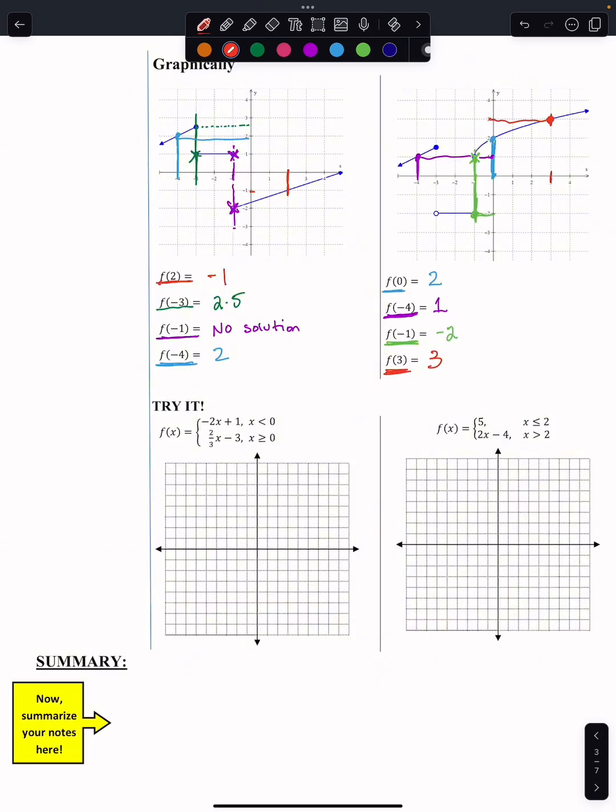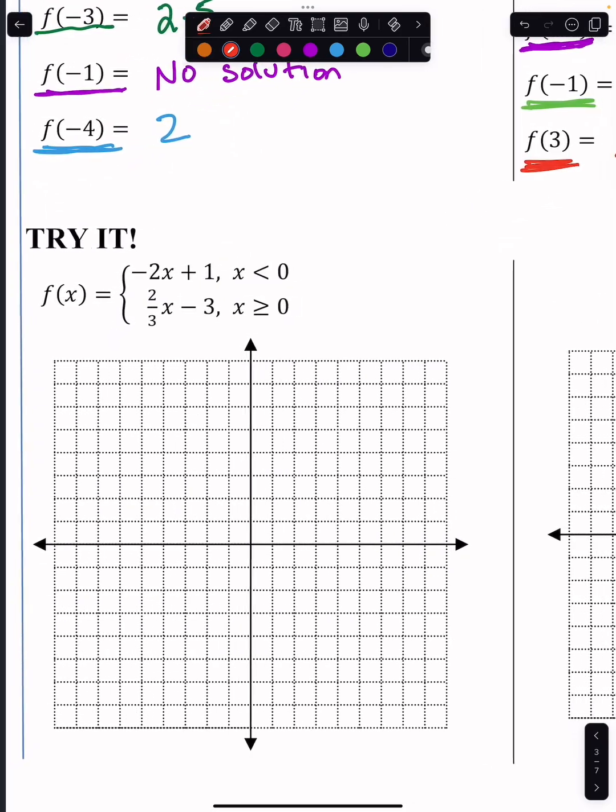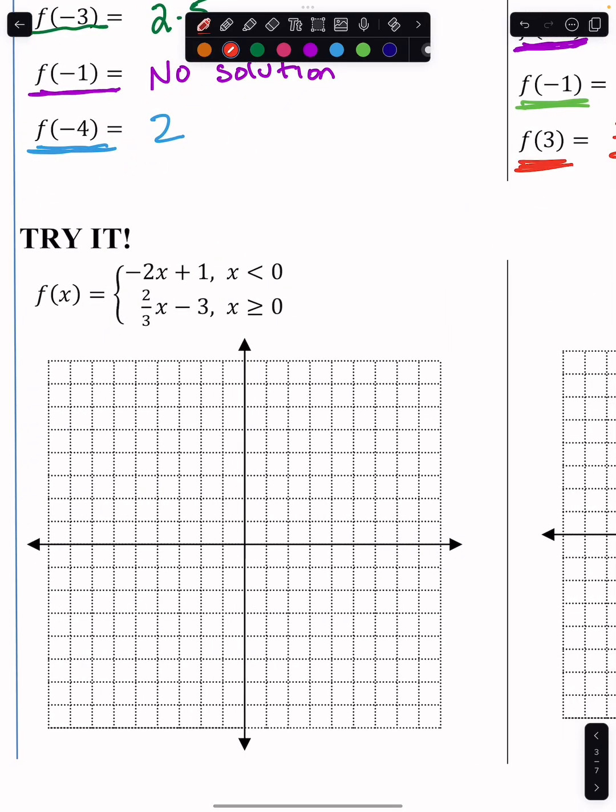So my boundary lines are always going to appear over this way. This always tells me where my boundaries are. Sometimes there's 2, sometimes there's 3, which you'll see. So right now, our boundary is at 0.